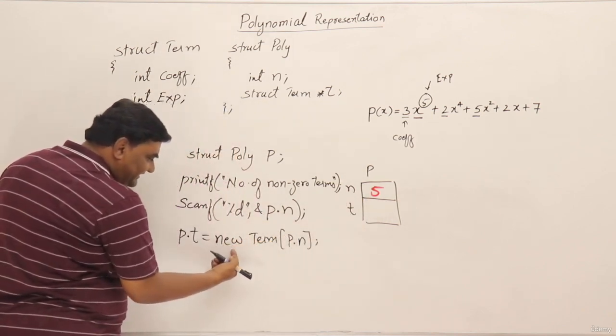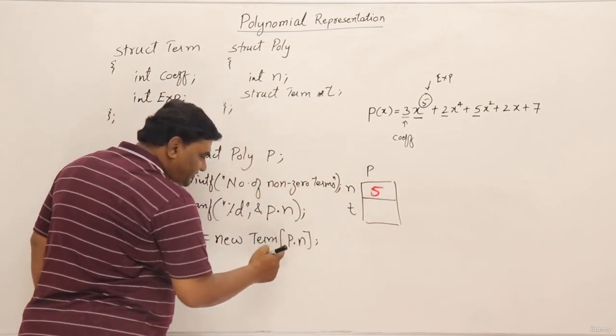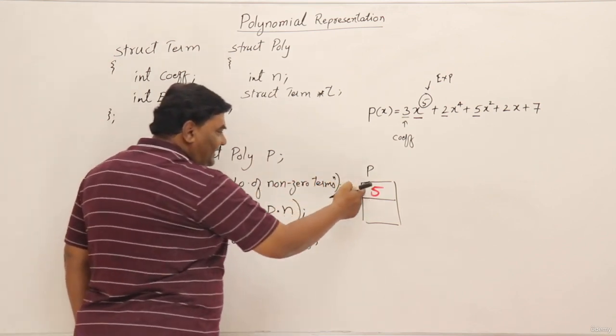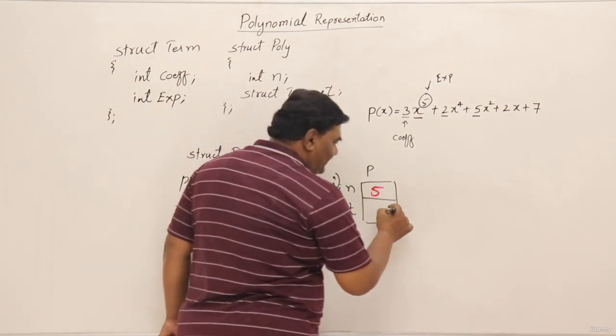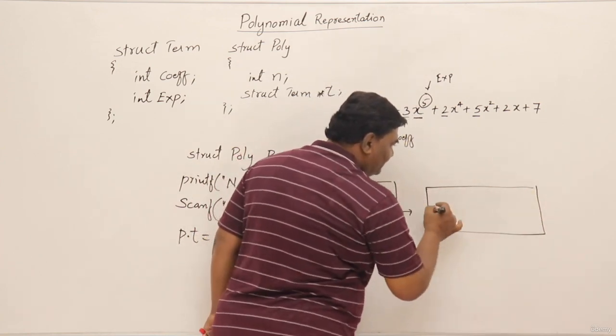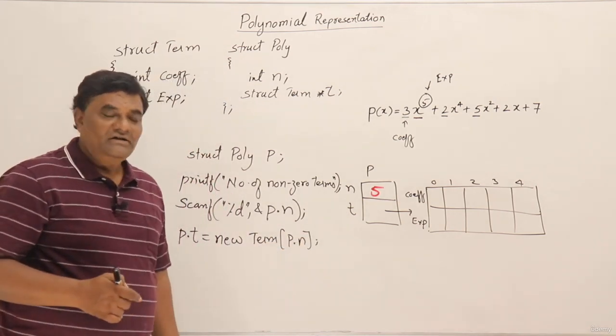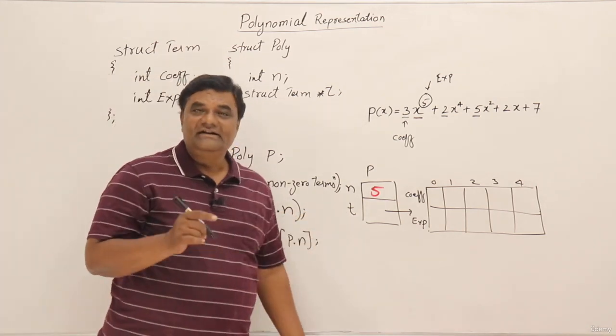It is created in heap and its address is taken in p.t. And what should be the size of that array? p.n. So an array of size 5 will be created, with coefficients and exponents. This is how it will look inside main memory.